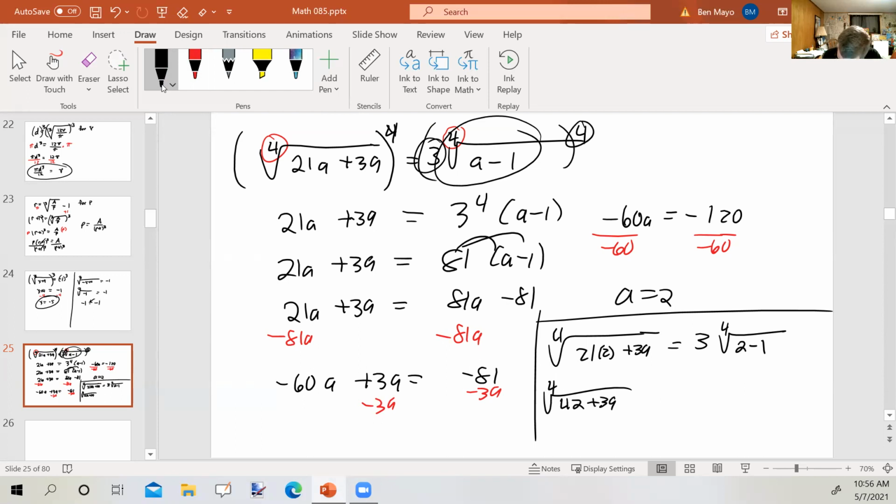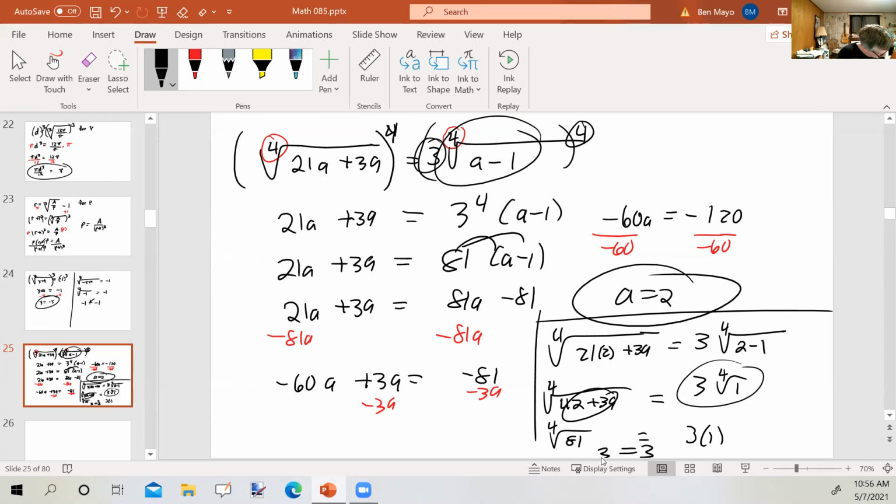Oh, okay, I see what's going to happen, which is going to be the fourth root of 81 equals 3 times the fourth root of 1. Well, the fourth root of 1 is 1. The fourth root of 81 is 3. 3 equals 3. I was panicking there for a minute thinking, how is that going to equal that? But it did. Okay, so a equals 2.